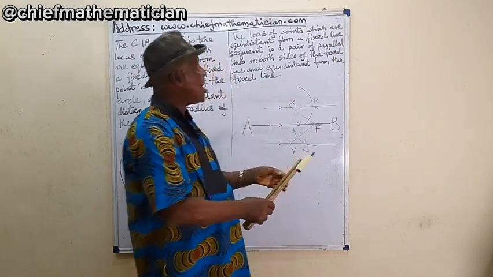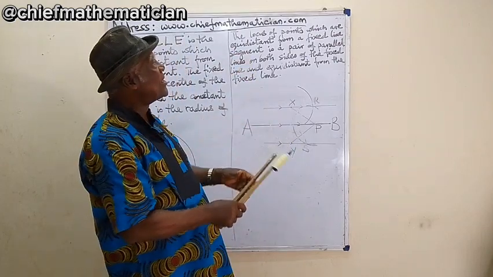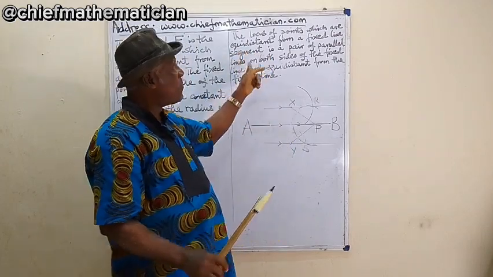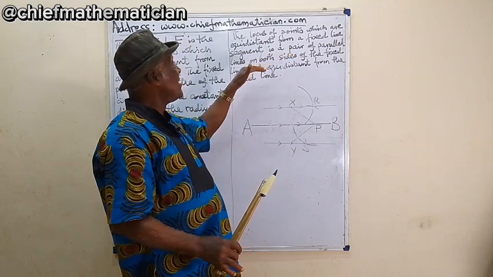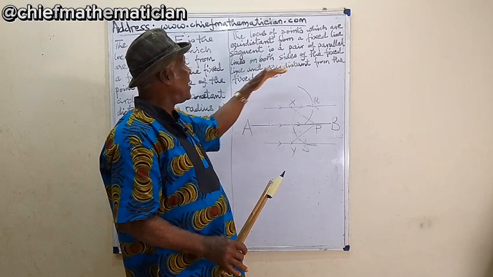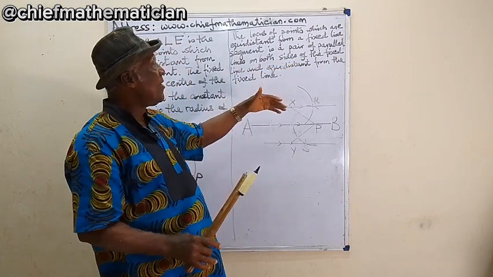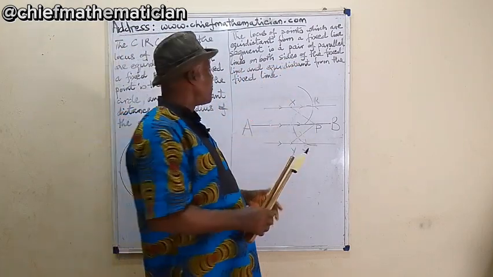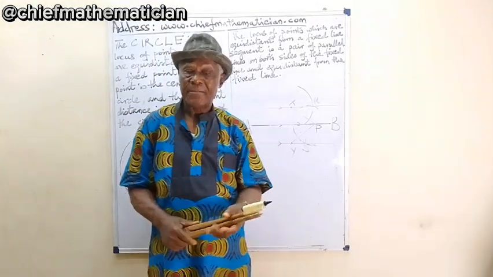That is how you can construct the locus of points which are equidistant from a fixed line segment, as a pair of parallel lines on both sides of the fixed line and equidistant from the fixed line.